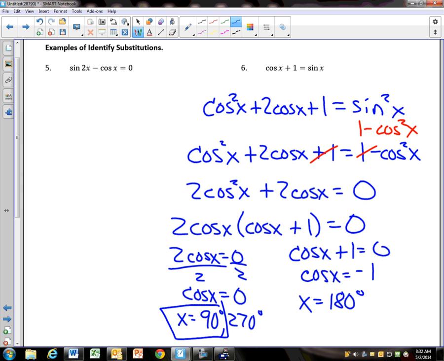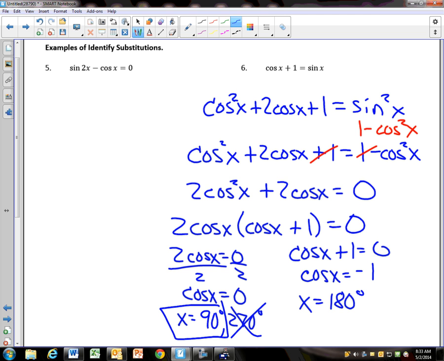Let's try 270. Cosine of 270 is 0. 0 plus 1? 1. Sine of 270. Negative 1. So did that work? No.